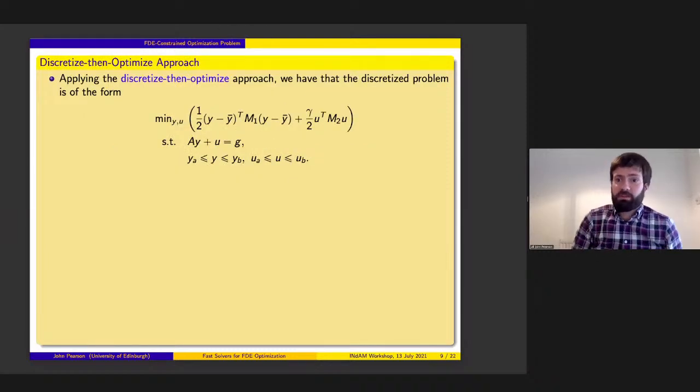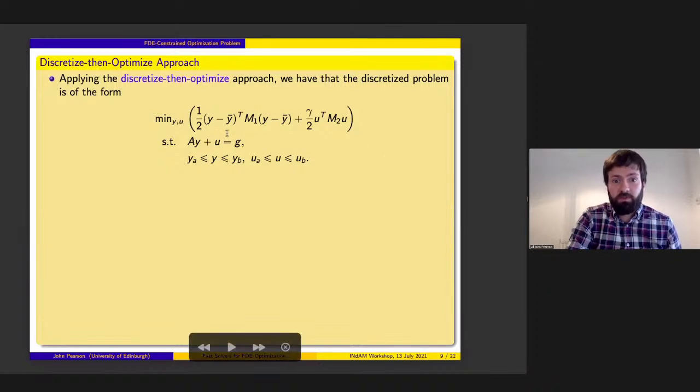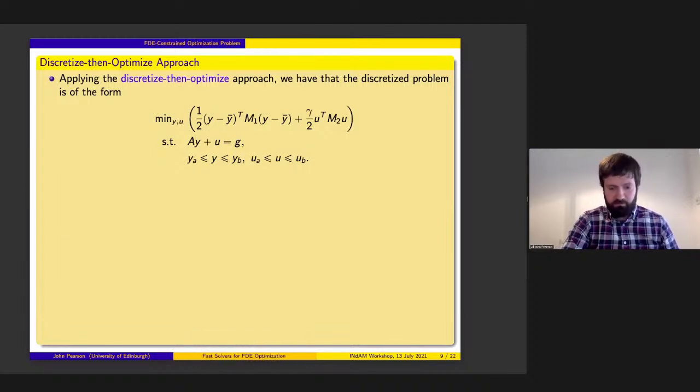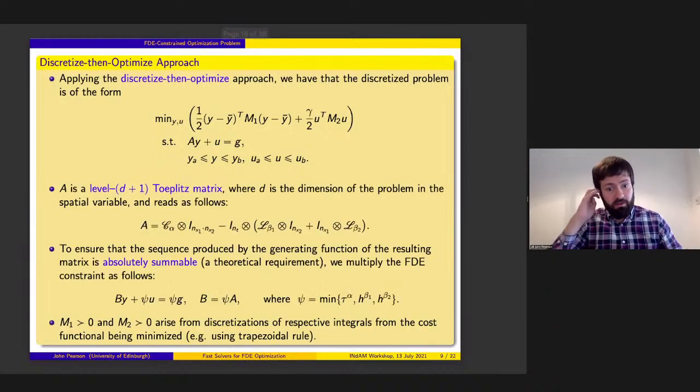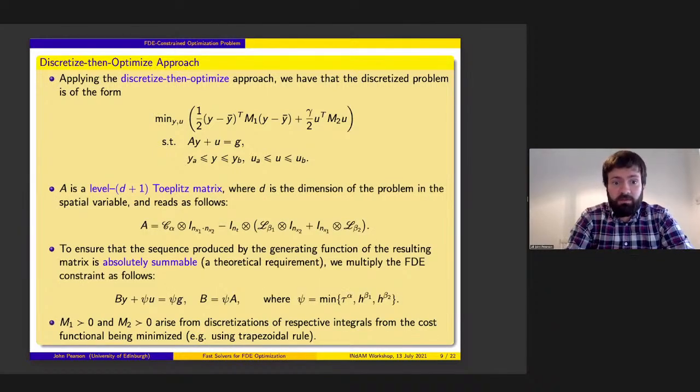The way that we solve this problem is we use what's called a discretize-then-optimize approach, which involves building a discrete Lagrangian based on the problem formulation that I've shown you. So we discretize the problem here. A is the matrix that discretizes the fractional differential equation. M1 and M2 are terms that approximate the integrals in the cost functional. Okay, so after building the Lagrangian, we then obtain optimality systems.